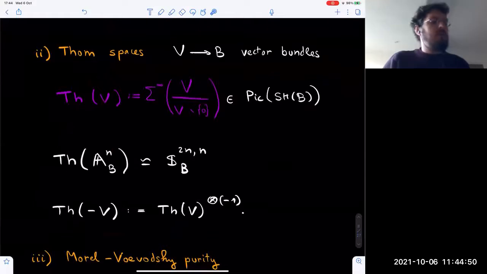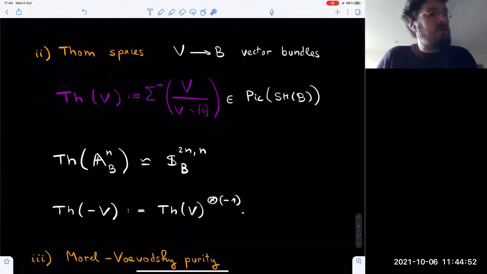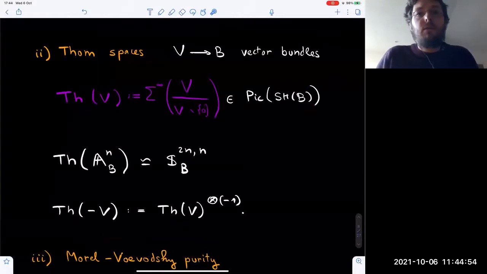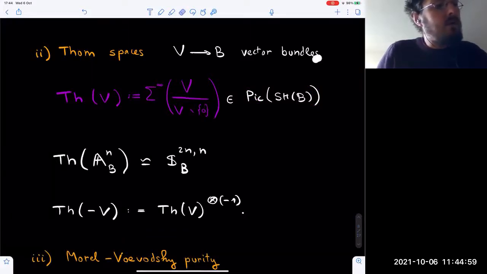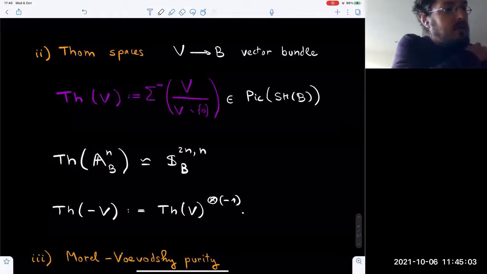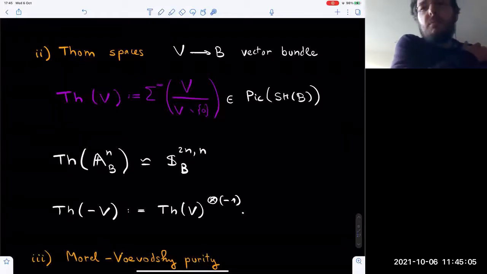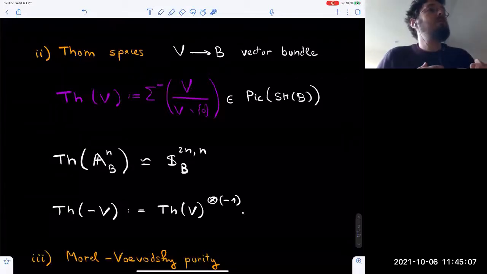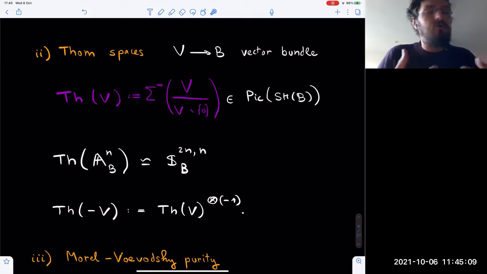Another important kind of space you can construct are Thom spaces of vector bundles. If you have a vector bundle over your base B, then because you're in this world of pre-sheaves, you can take colimits, which are not really possible in algebraic geometry in the world of schemes. So for instance, you can take your vector bundle and contract the whole complement of the zero section.